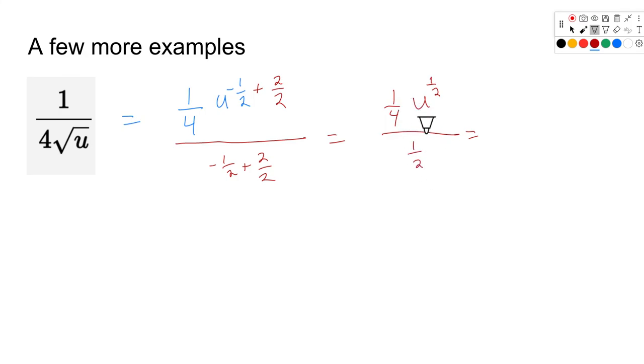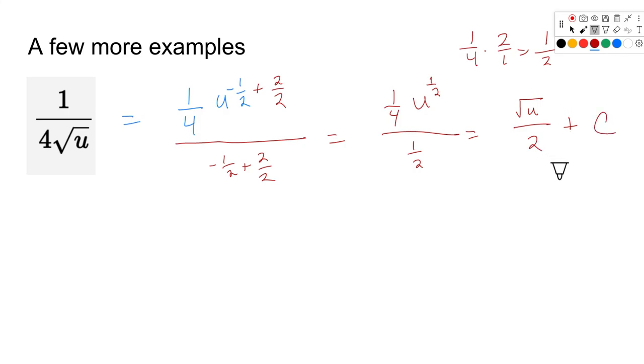I invert and multiply, so the 2 and 4, does it look like I'm going to get the square root of u over 2? Yeah. 1/4 invert 2 over 1. That's going to give us 1 over 2. Okay. And plus a constant, right?